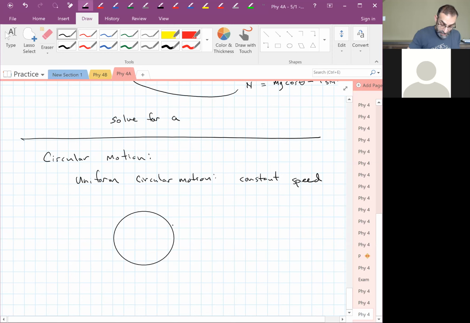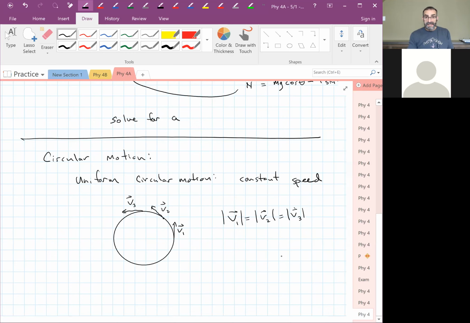At first, it's moving over here, velocity v1. At some later time, it's over here, velocity v2. At some later time, it's over here, velocity v3, right? But if it's constant speed, the magnitudes are all the same, right?